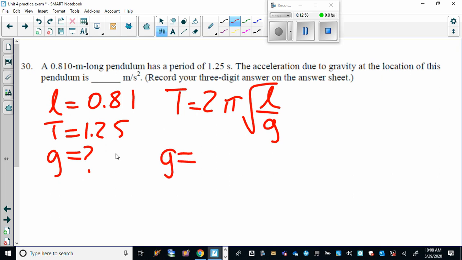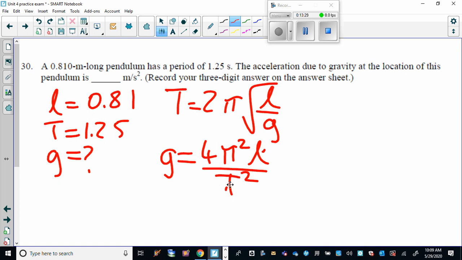Solving for g, what did it turn out to be? 4 pi squared. Don't forget to square the pi, L over T squared. You got your L, you got your T, you got your 4, you got your pi. Plug the numbers in, ends up being an answer of, oh, I can't even read my own writing. That is tragic. See if I can find the answer somewhere else.